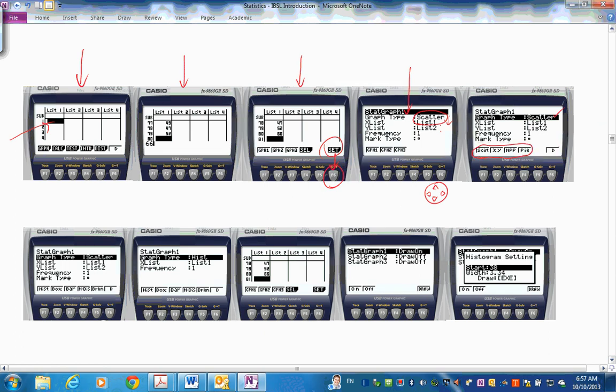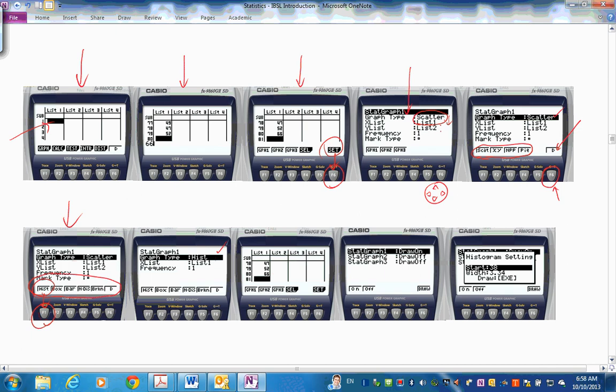Our option's not there. We want a histogram, so go to the next window by hitting F6, and here are some more options. What do we want? Histogram. There it is there.